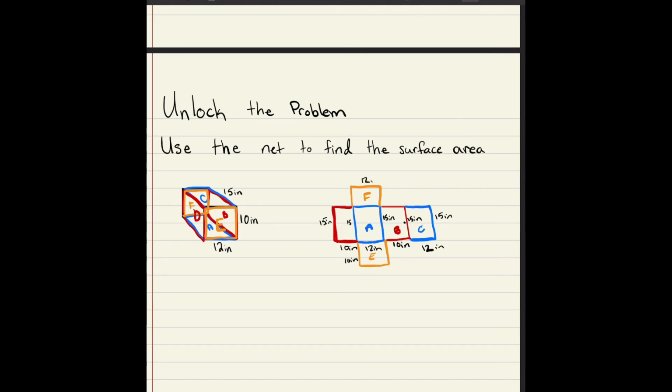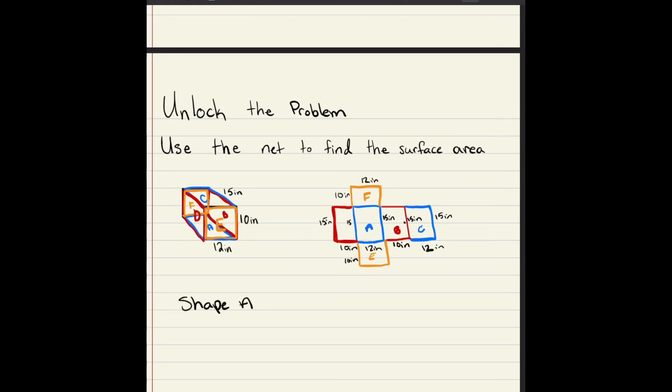So it's 12 inches by 10 inches. So now I have my net for this shape. Now we're going to solve this just like a composite figure. I'm going to find the area for each of these shapes.